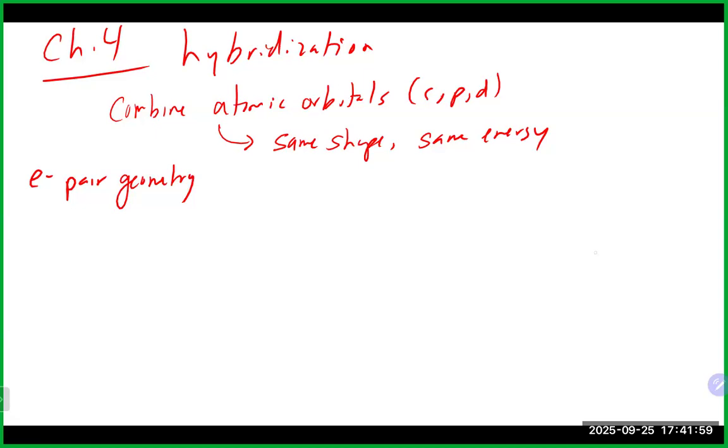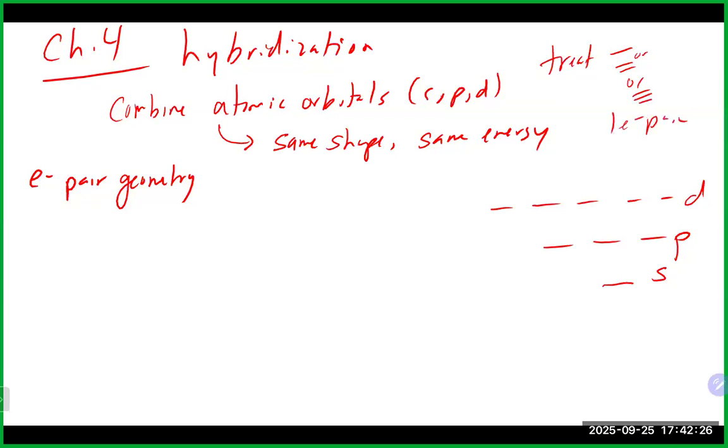And again, one of the easiest ways you could assign hybridization is to just count it off. When we do electron pair geometry, we treat single bonds, double bonds, or triple bonds as one electron pair.